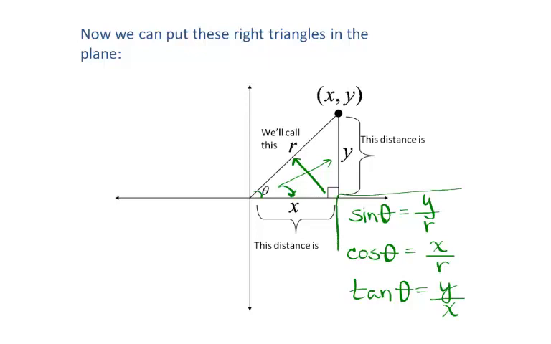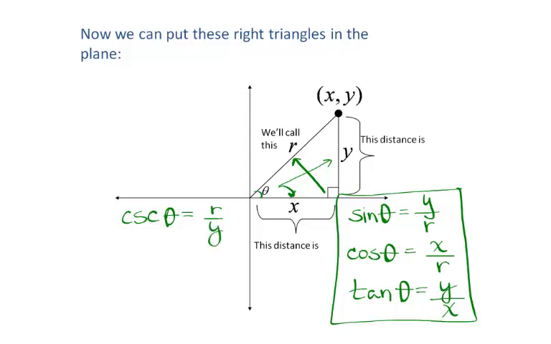Here is what I want you to be able to do. Using x, y, and r, I want you to be able to come up with the 6 trig ratios. Now, cosecant is the cofunction, a reciprocal relationship, with the sine function of our angle theta.